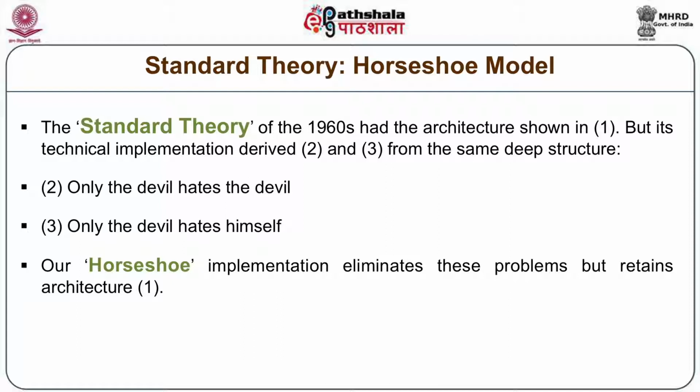The way the standard theory was developed in the 60s, unfortunately, the same deep structure gave rise to "only the devil hates himself," applying a certain transformation, and "only the devil hates the devil" without applying that transformation, which incorrectly made the prediction that these two surface structures have the same meaning, but as you can see, they do not have the same meaning.